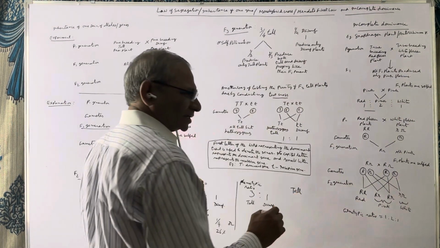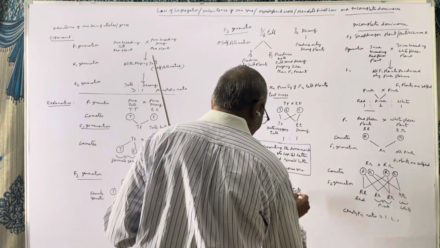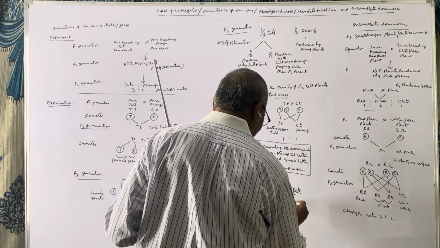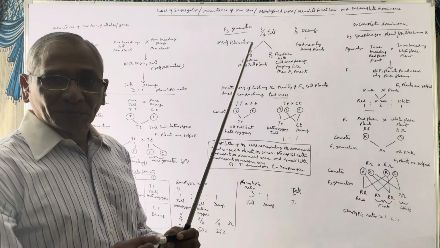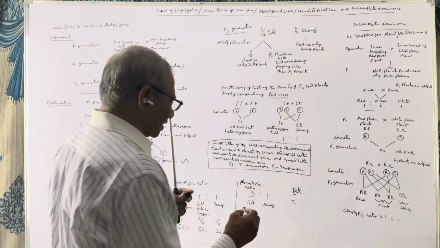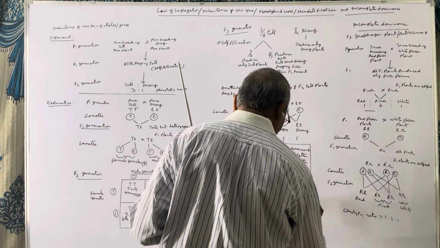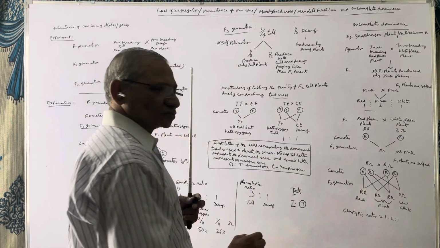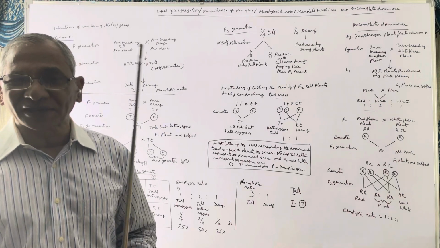Then the first letter is taken, that is T. To represent a dominant trait, the capital form of T is written. So capital T represents the dominant trait.